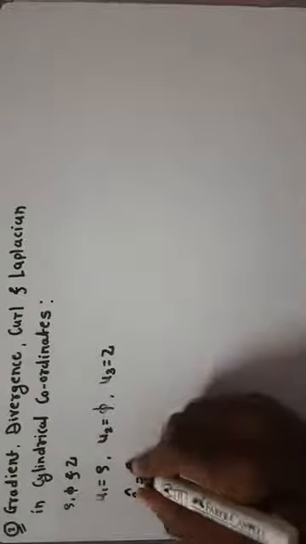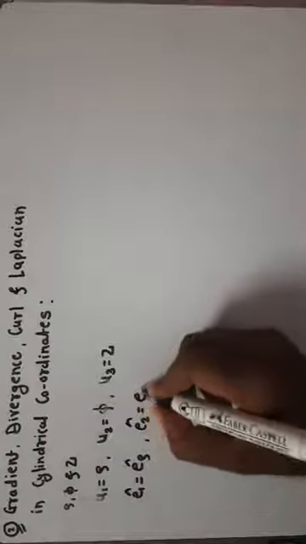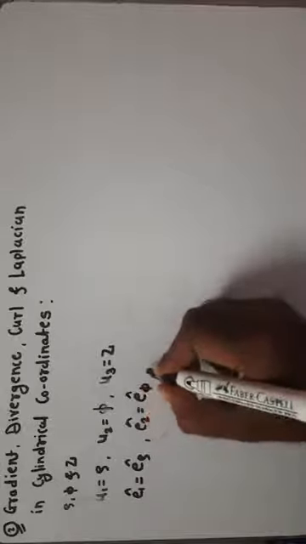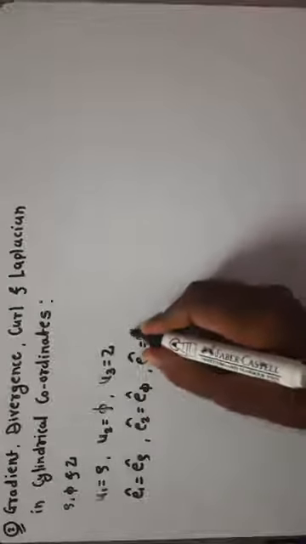Then e1 cap is e rho cap, e2 cap is e phi cap, and e3 cap is ez cap. And h1 is equal to 1, h2 is equal to rho, and h3 is again 1.